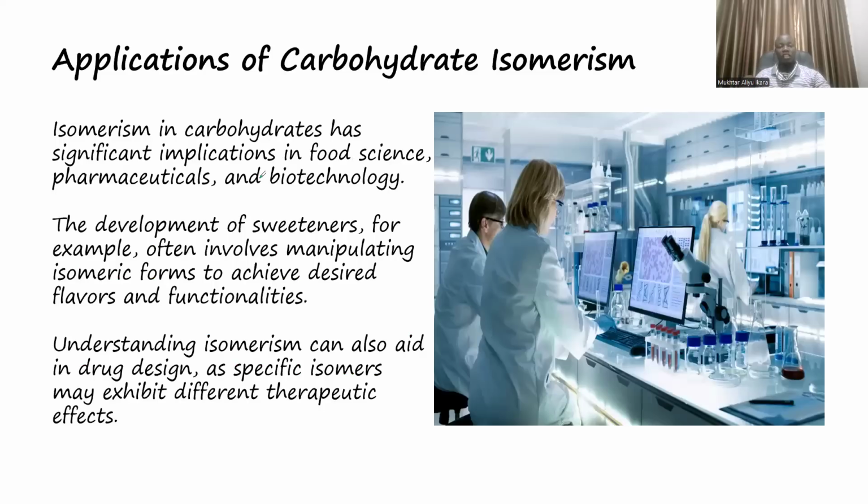So what are the applications of carbohydrate isomerism? Isomerism in carbohydrates has significant application in food sciences, pharmaceuticals, and biotechnology. In food sciences, you need to understand which specific types of isomers are important for our health.